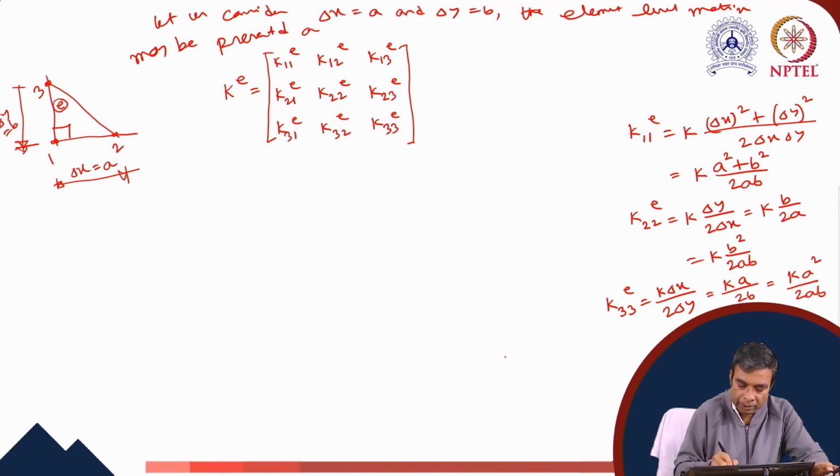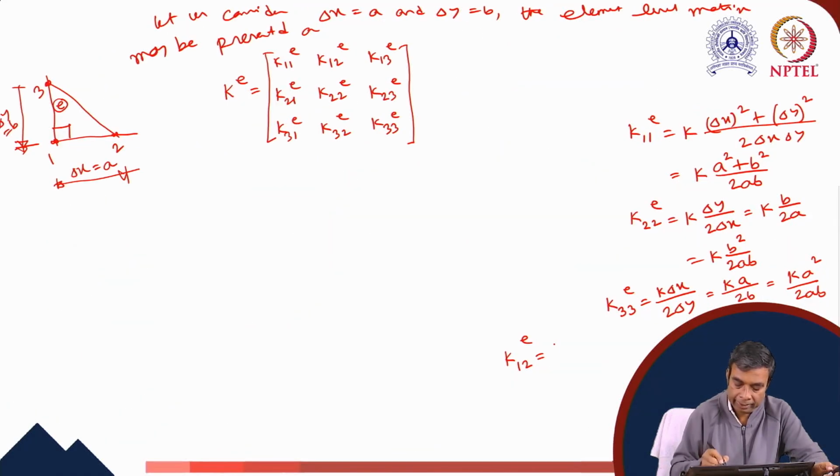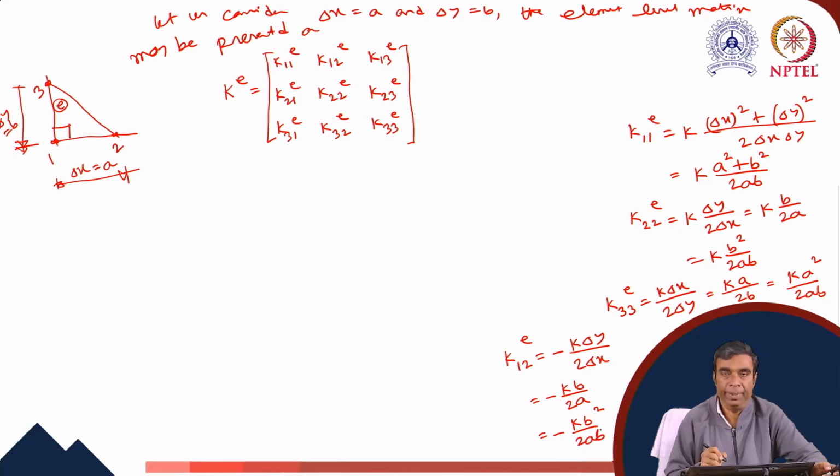Our off diagonal term k12e was found as minus k delta y by 2 delta x, equals minus kb by 2a. So we can update it as minus kb square by 2ab.